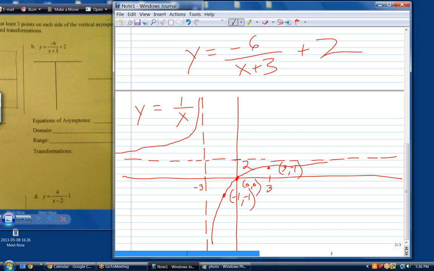So when x is -4, what do we have? We have 8. So -4 comma 8. How about another one?